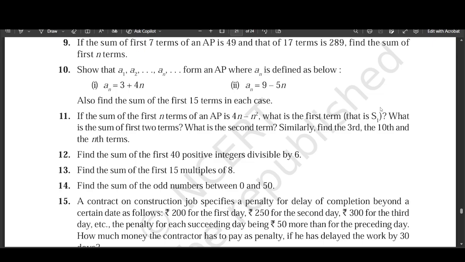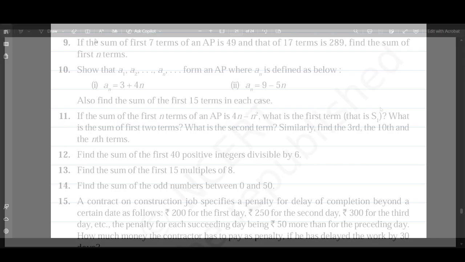How much money the contractor has to pay as a penalty if he has delayed the work by 30 days? So in this question, first term is 200, then 250, then 300, so up to the 30th term.